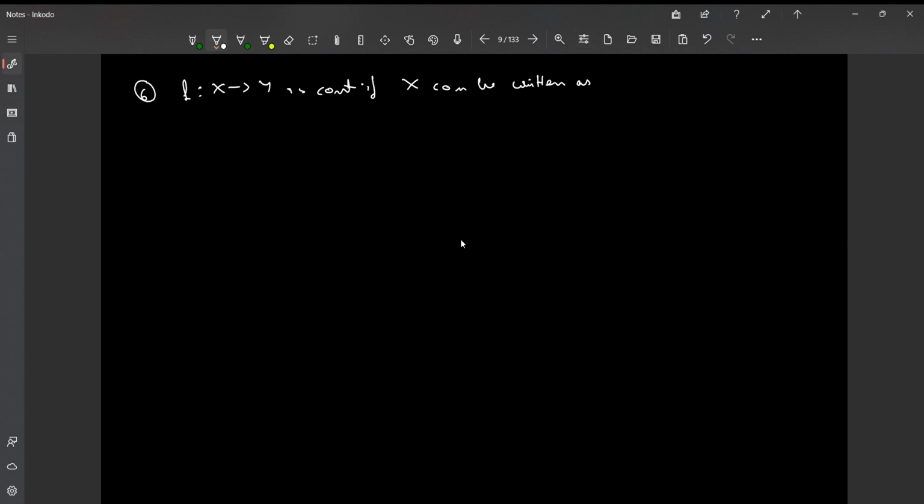F from X to Y is continuous if X can be written as the union of open sets U alpha, such that F restricted to U alpha is continuous for each alpha. Try it out.